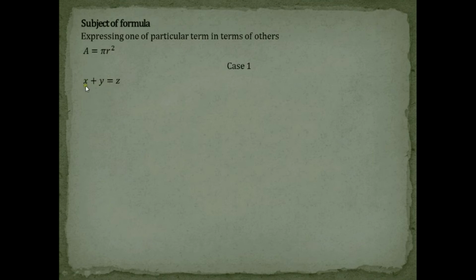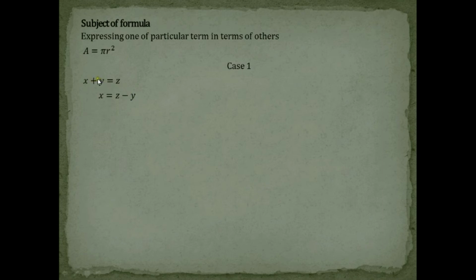So if you look at it, x plus y, between x and y is plus. And you see that what is preventing x from standing alone is plus y. So what do you do? You move this plus y to the other side. When you move this plus y to the other side, what happens? y becomes negative. Why? Because the opposite of plus is minus.